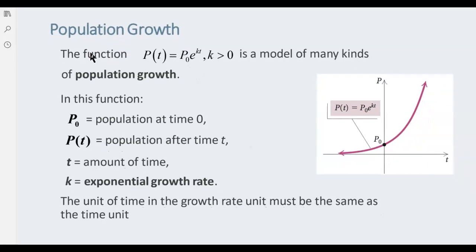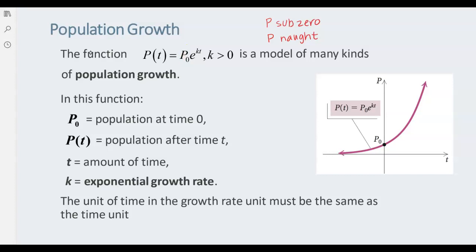Looking at the variables that are listed here, this value here, which is P naught, or P sub 0, which is the same as like 0 or nothing. That's the initial amount that we are starting with in the population.